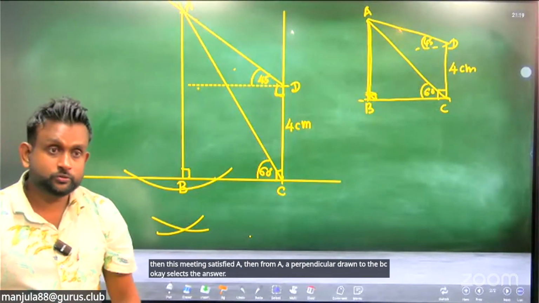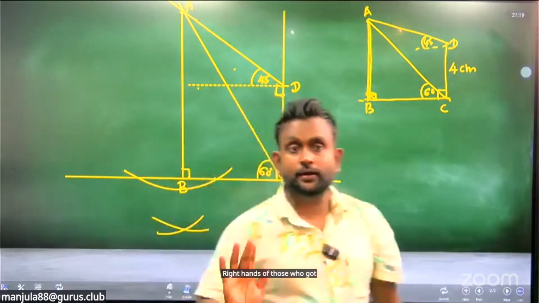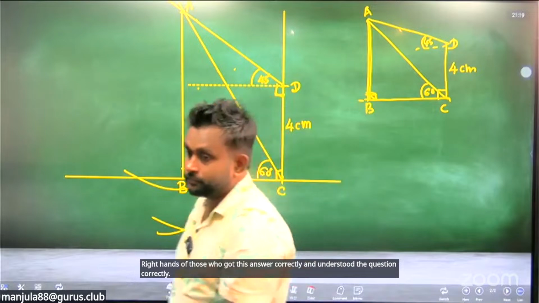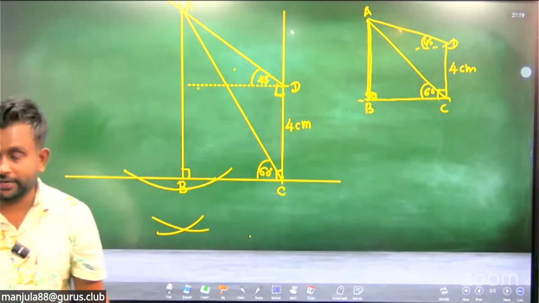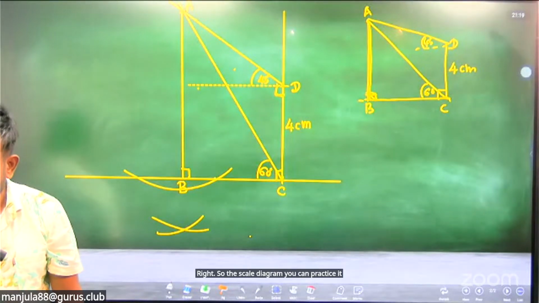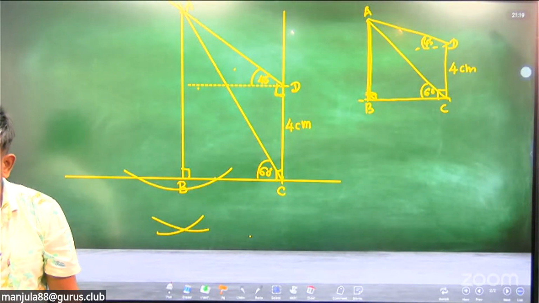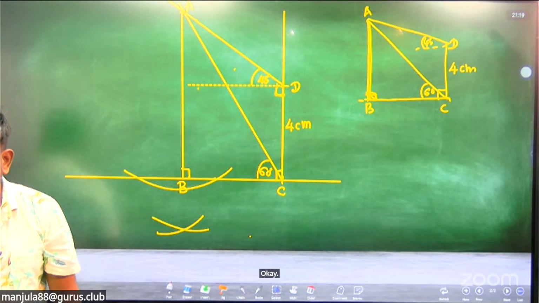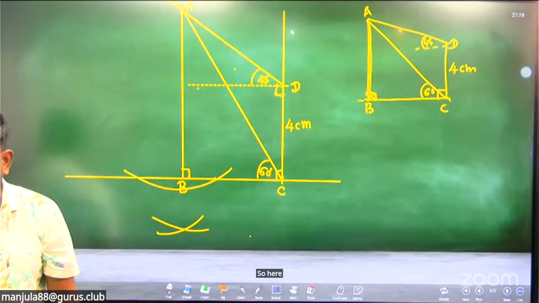Right, hands up those who got this answer correctly and understood the question correctly. Right, so the scale diagram, you can practice it. Okay. So here then you can have the answers.